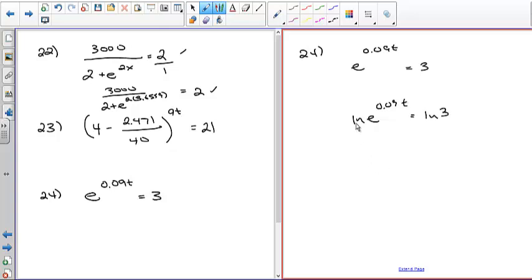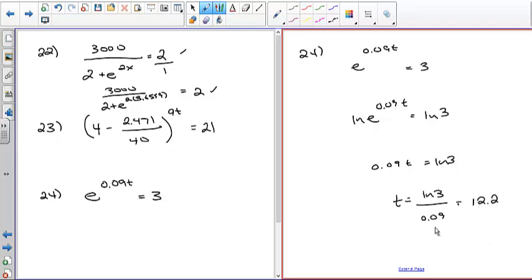Natural log of e to that is just the exponent. 0.09t is equal to the natural log of 3, or t is equal to the natural log of 3 divided by 0.09. So that is 12.2.